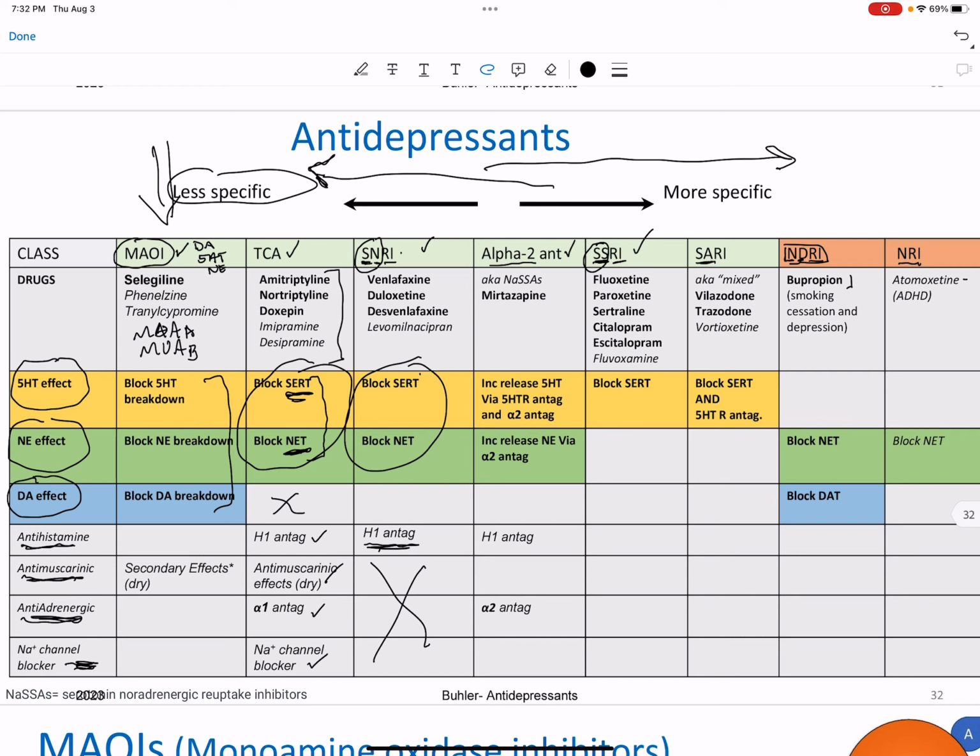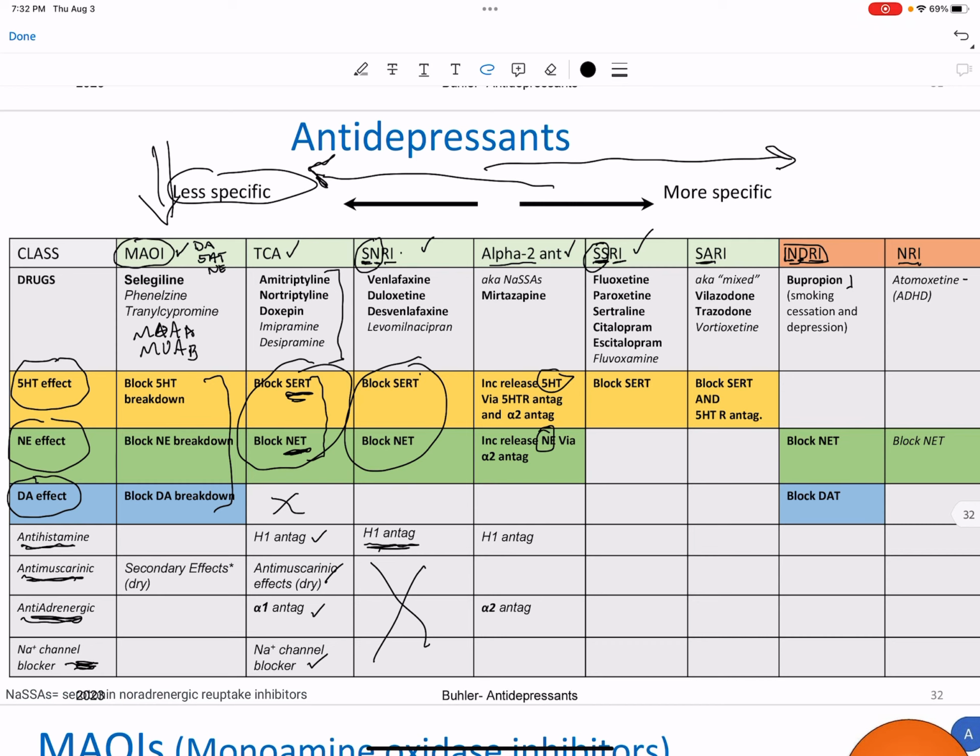Then we got a little bit more specific, and they were like, okay, we still want to increase serotonin and norepinephrine, but we want to kind of make it not everywhere in the brain. We want to kind of pick and choose which brain regions and which synapses we're going to change it at. So we can't just completely block reuptake. That'll block it up everywhere.